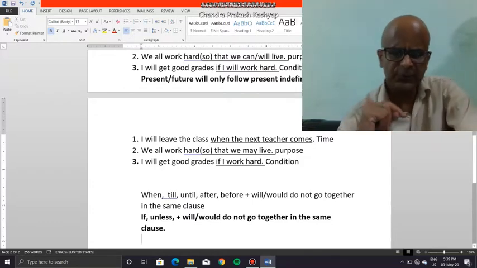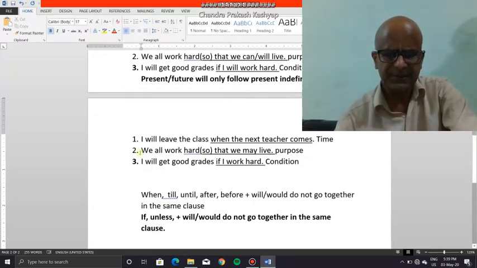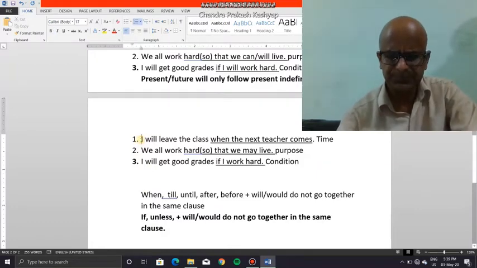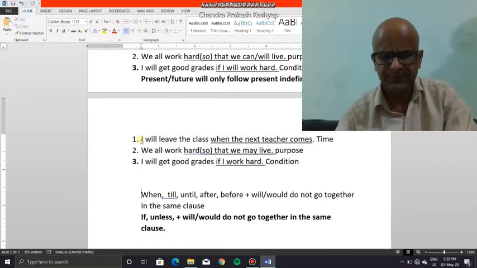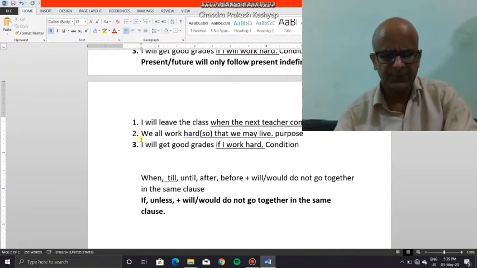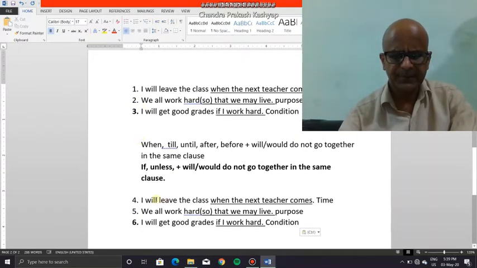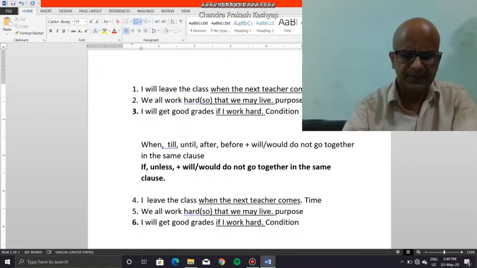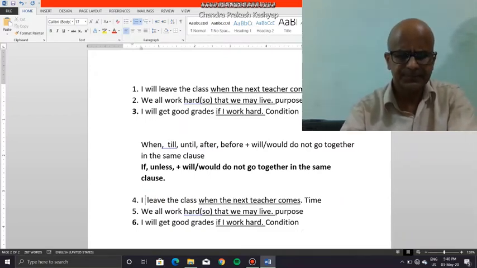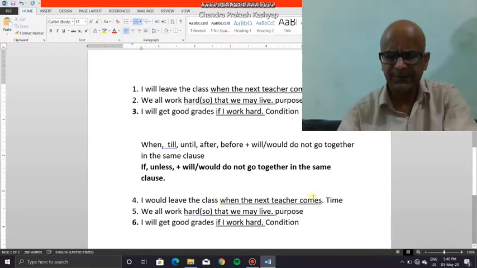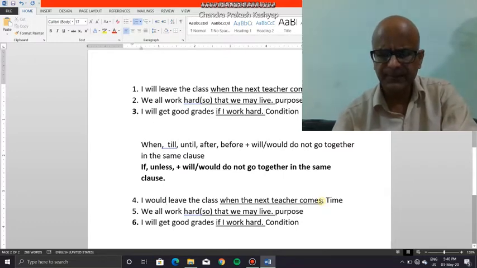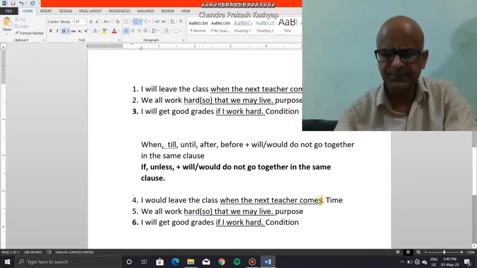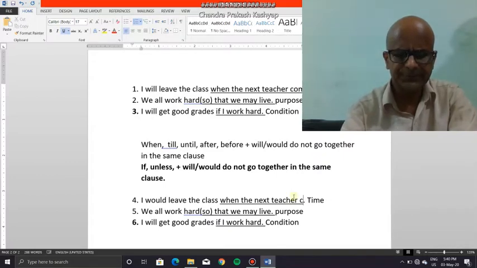But the first rule that we learned, past tense follows past tense, is applicable in all these three cases also. For example, if I write I would leave the class when the next teacher, in that case I will have to use past tense.